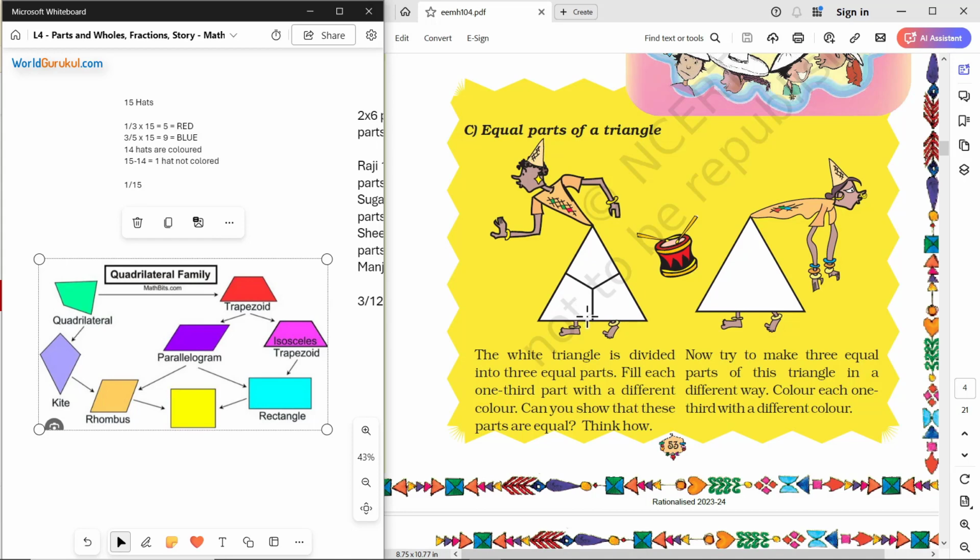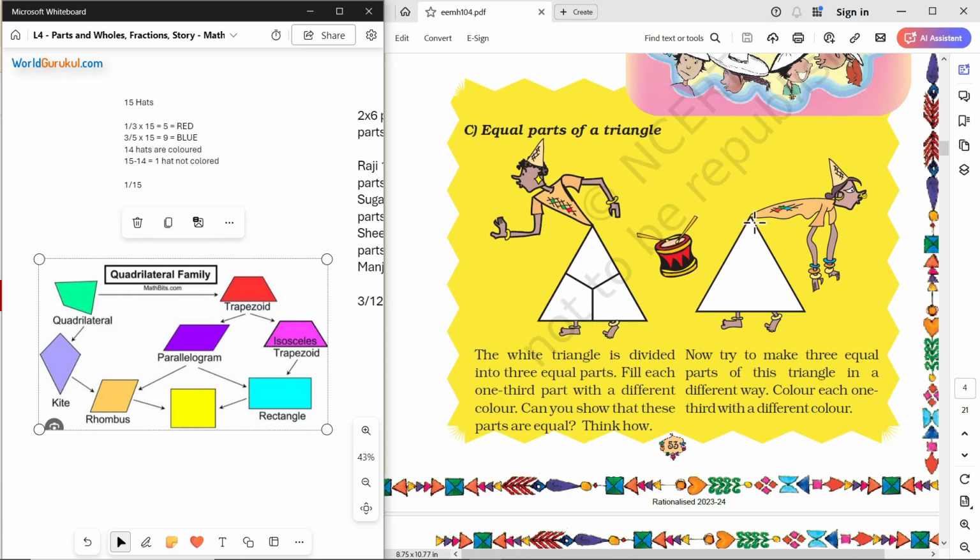Any 4-sided shape is called a quadrilateral. If all the sides are equal, then that is a square. If opposite sides are equal, that is a rectangle, where the length is more than the breadth. These are the other quadrilateral family shapes.